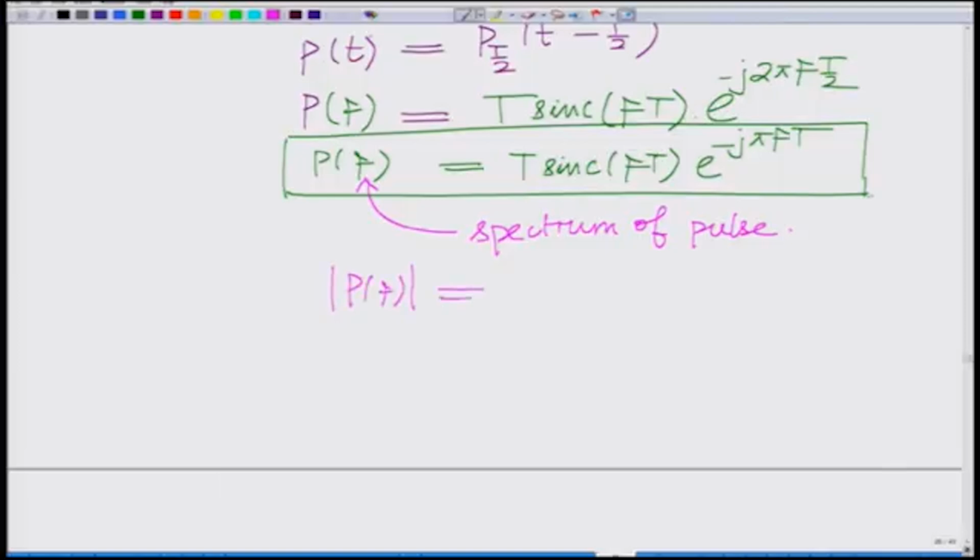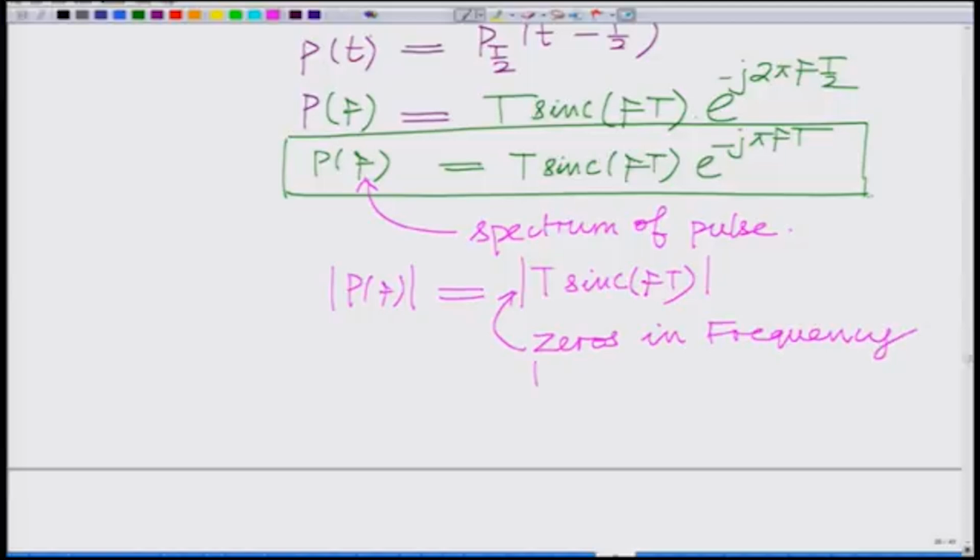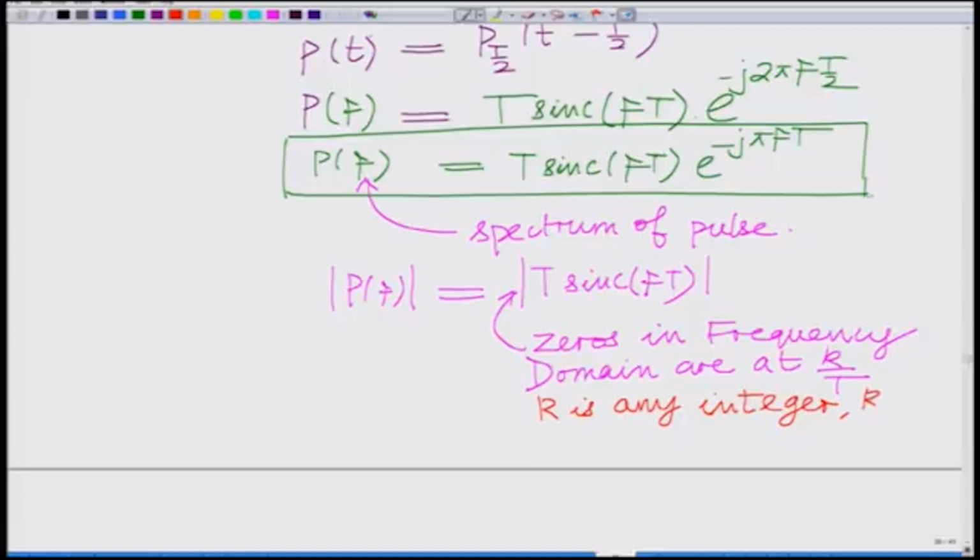So, therefore, amplitude spectrum is still the same, that is magnitude t sinc ft, and the zeros in the frequency domain are at k by t, that is integer multiples of 1 over t, where k is any integer, but k not equal to 0. Of course, at k equal to 0, this is equal to t.